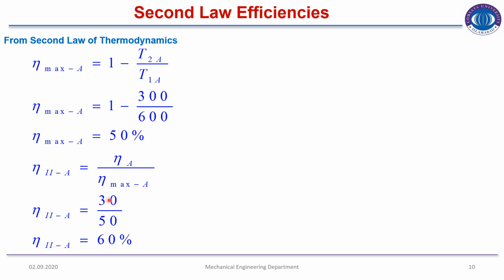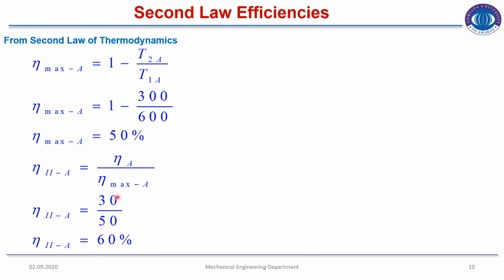So we will divide 30 by 50. So the efficiency comes out to be 60%.